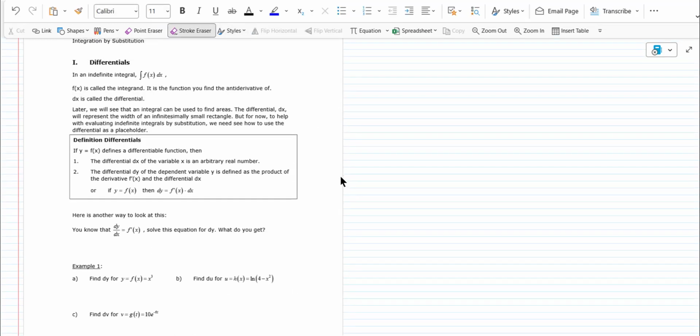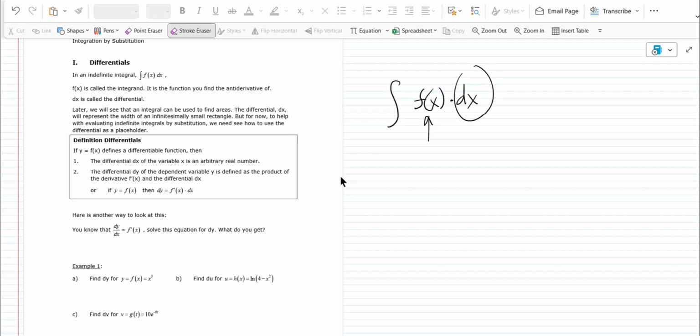First of all, you've been dealing with integrals now, and it's this mysterious dx thing. Ultimately, that's going to represent, eventually, the width of a rectangle. And the integrand is going to be the height of a rectangle.